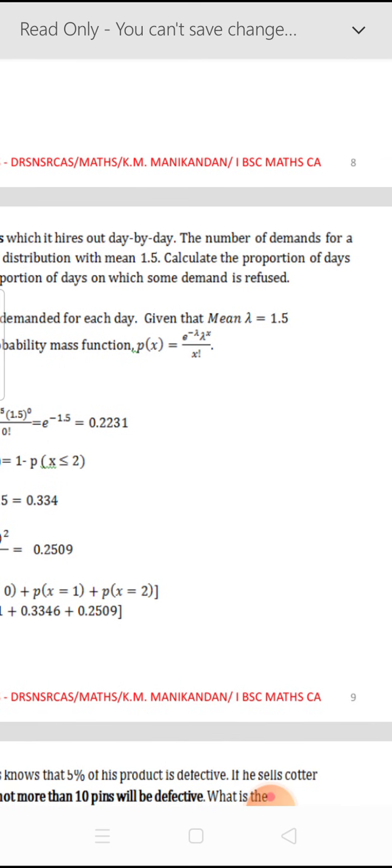So the number of demands may be x is equal to 0, meaning no cars are hired out on a day, or x is equal to 1, or x is equal to 2. One car may be hired out, or 2 cars may be hired out on a day. So here x assumes the values 0, 1 and 2.